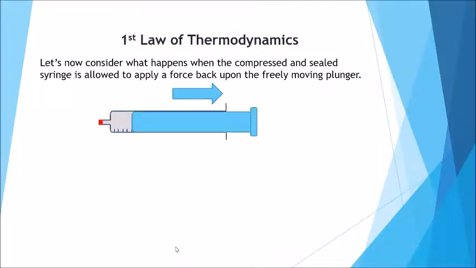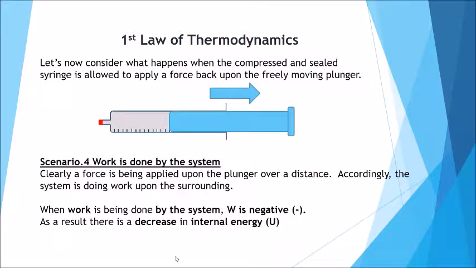Finally, let's look at what happens when the system does work on the environment or its atmosphere. So build up of pressure, the syringe, or rather the plunger, is free to move, and it expands out, doing work on its surroundings. In this scenario, we can see that W is a negative.